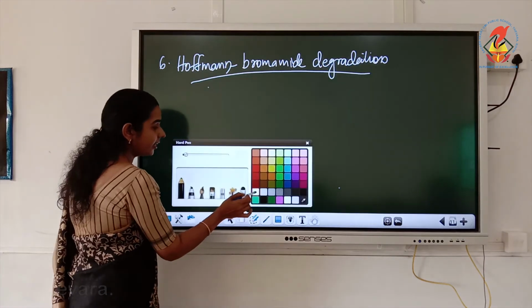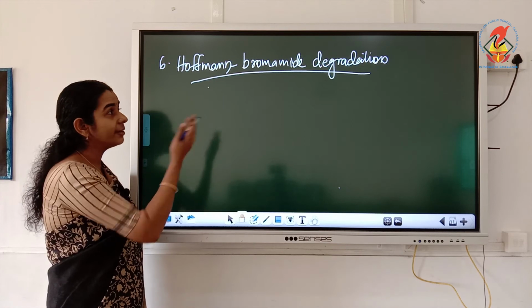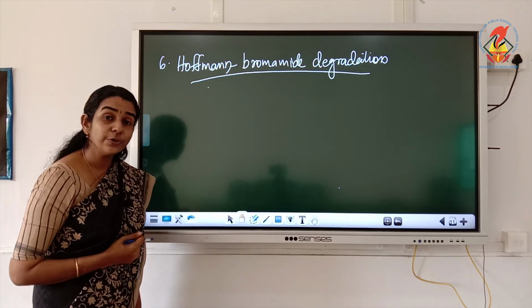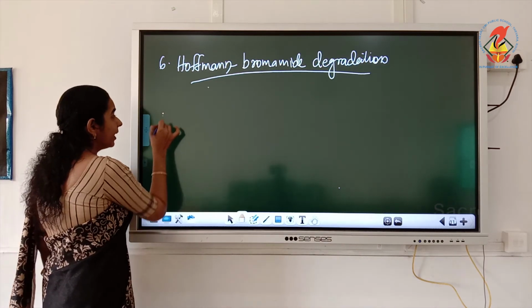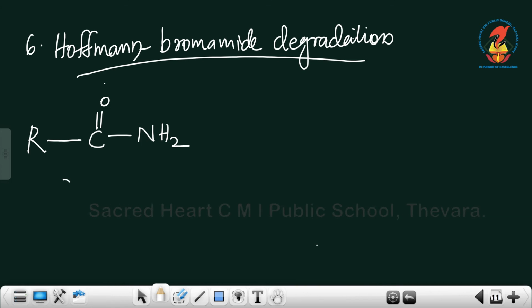As I told you, it is clear from the name that there is a degradation of an amide. An amide can be generally represented as RCONH2, with C double bond O being the carbonyl group.